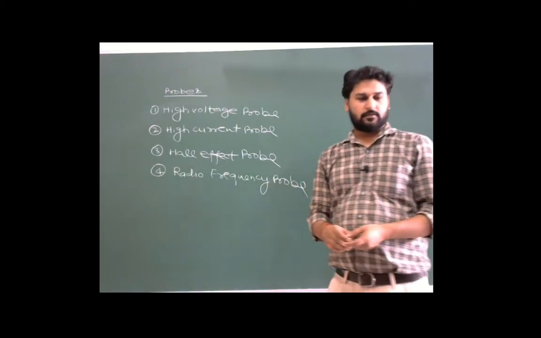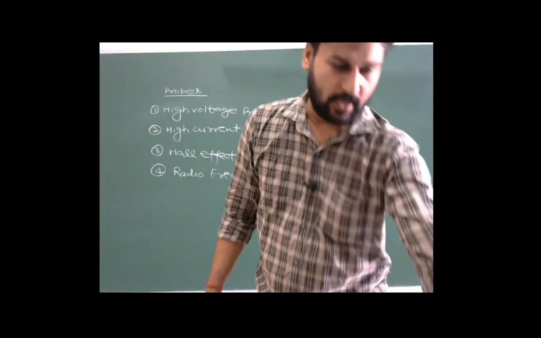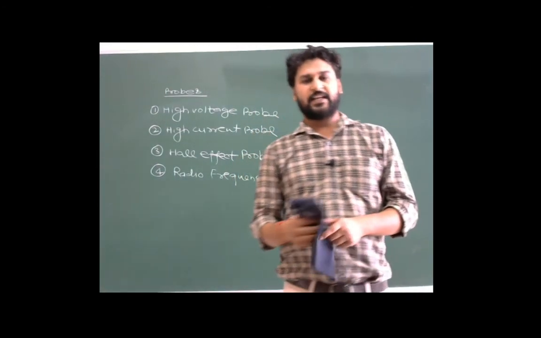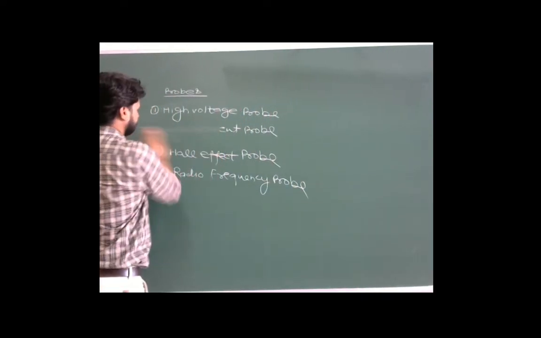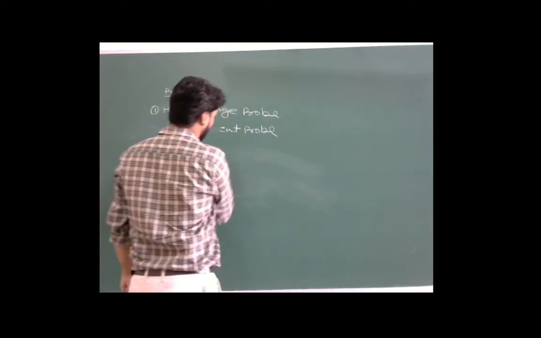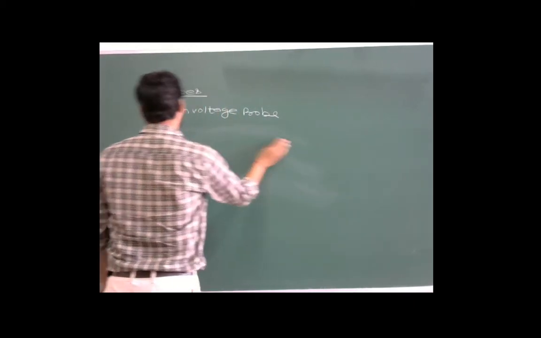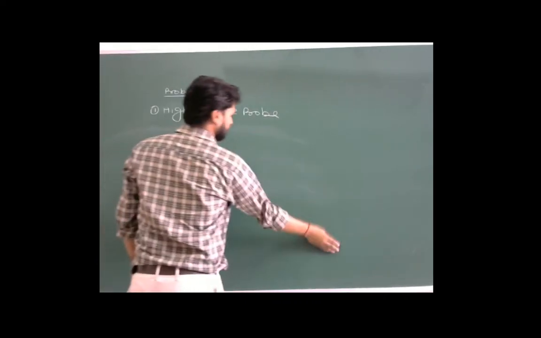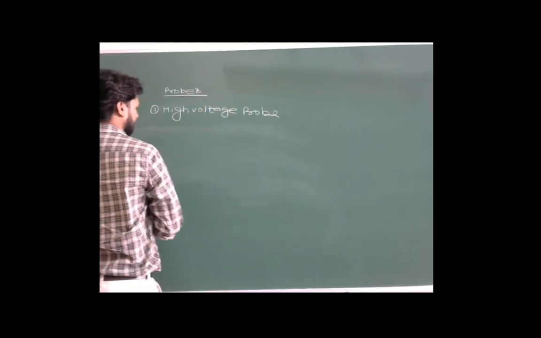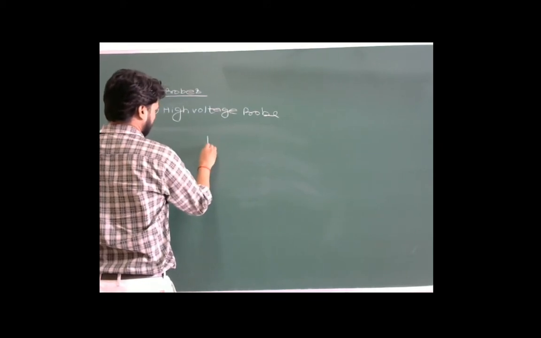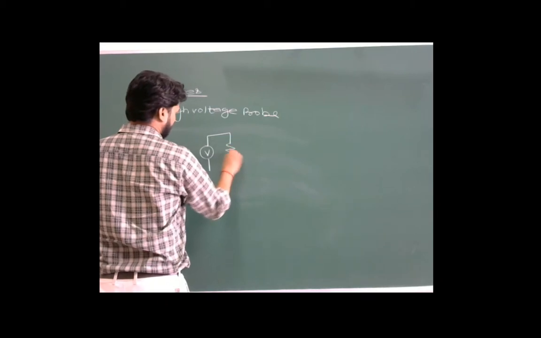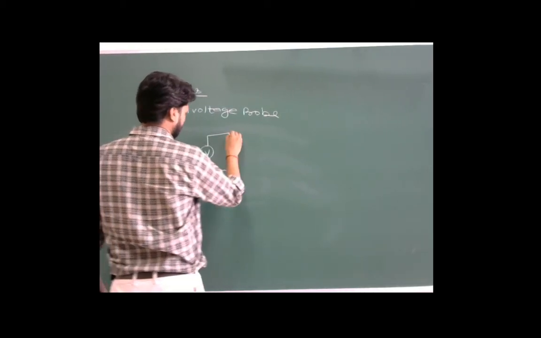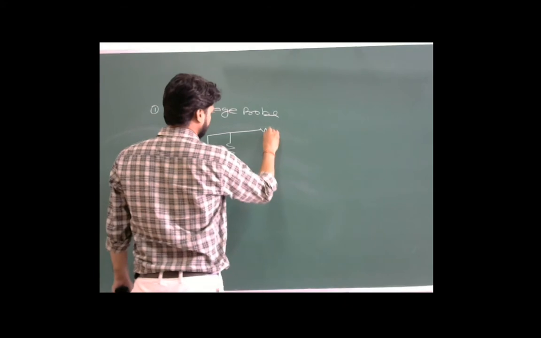So we will discuss the high voltage probe, which is basically a voltage divider circuit. In this high voltage probe, we connect the input voltage through a voltage divider circuit. Suppose the voltmeter is here, a potential divider circuit is used.